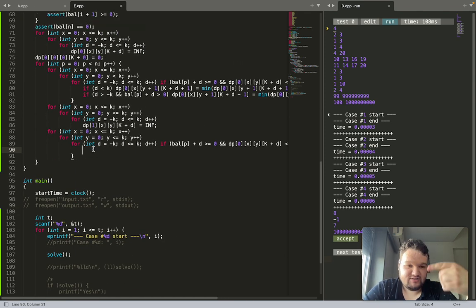We can either take the next bracket or skip it. Skipping is easier, but we can do it only if we have skips left. So if we have skips left, then we should update dp1 x plus 1 y.